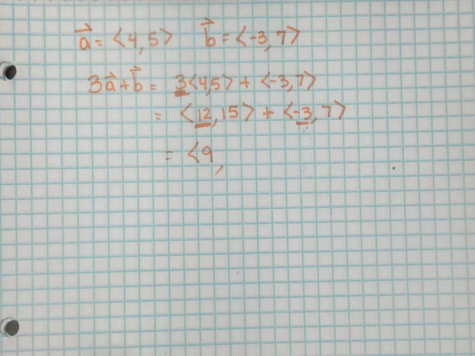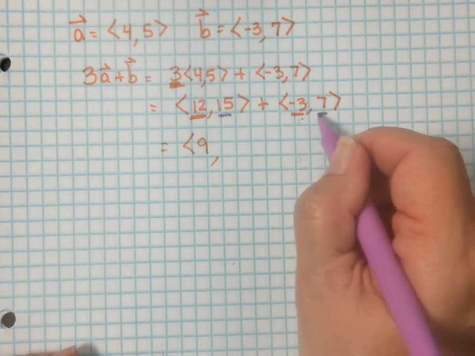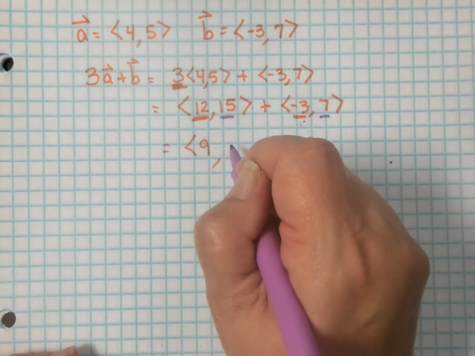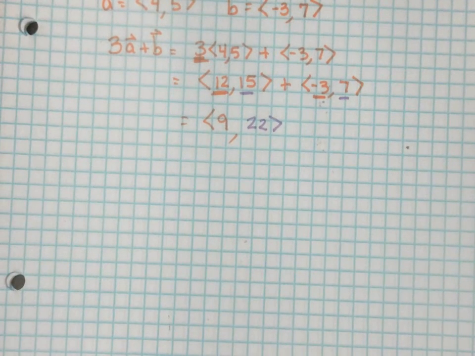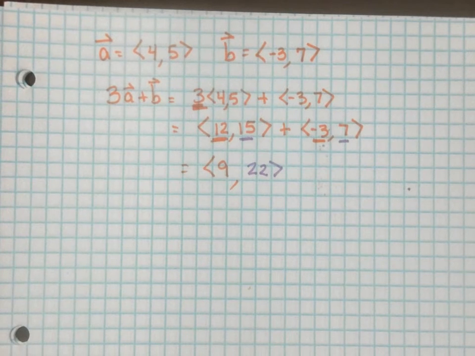And then you add your vertical with your vertical, and you get 22. So that's operations with vectors. You can multiply, you can add, you could also subtract.